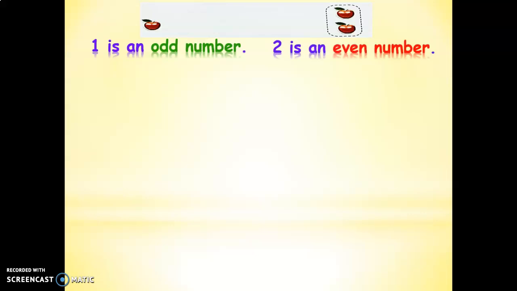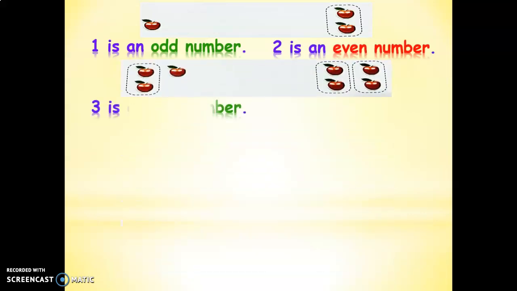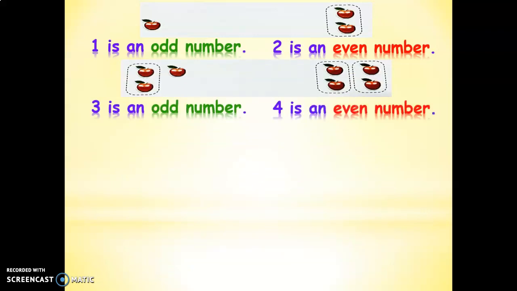Now from that example, we can now differentiate between even and odd numbers. So 1 is an odd number. It doesn't have any pair. 2 is an even number. The number 3 is also an odd number. Number 4, just like the one shown in the example, is an even number.